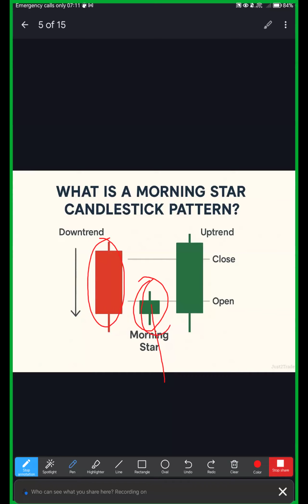After this candle, you are going to see the development of a green candle. The third candle is a green candle, which is bullish. When this appears, you should know that buyers are now coming in large numbers.